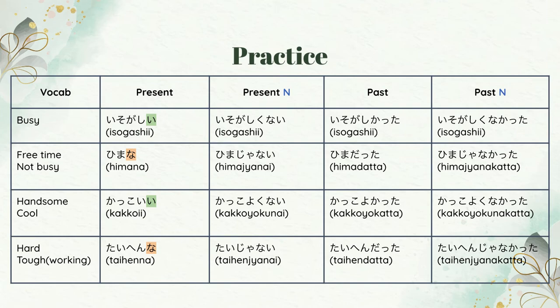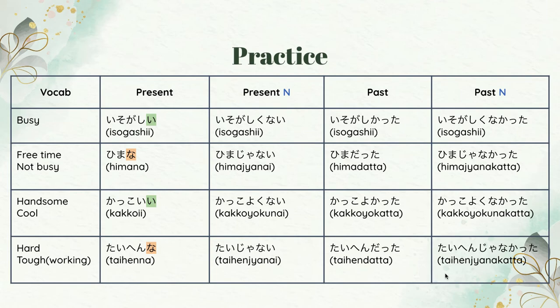The last one is hard or tough during work. In Japanese, you would say 大変. The present tense of 大変 is 大変な. Present negative would be 大変じゃない. Past would be 大変だった.